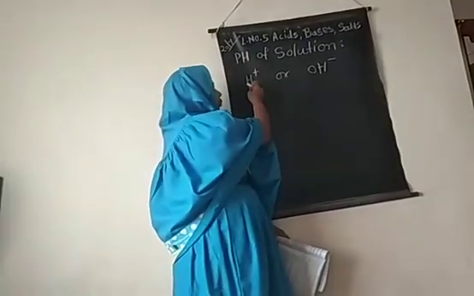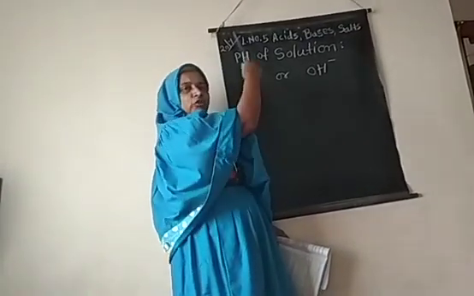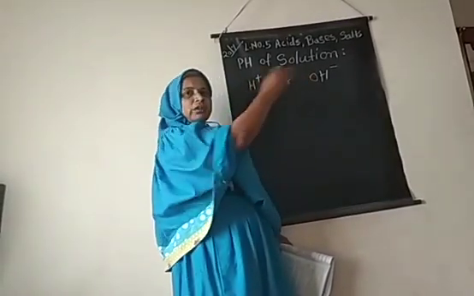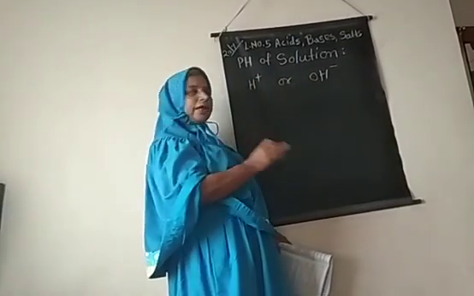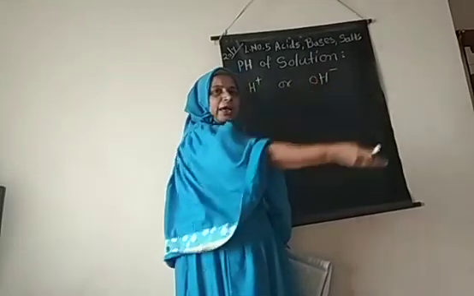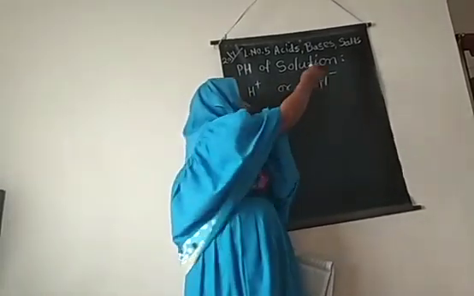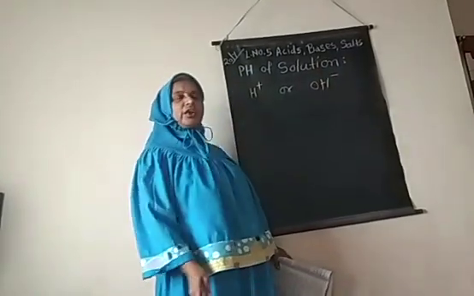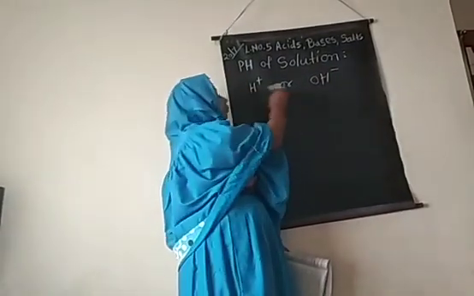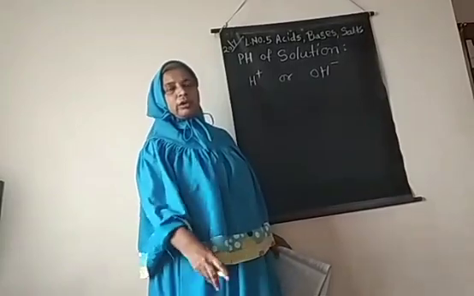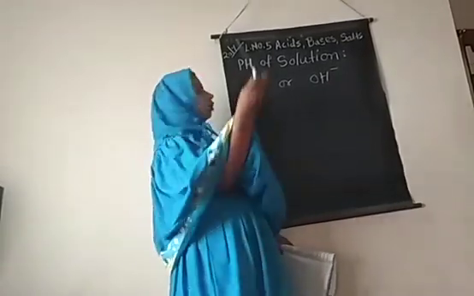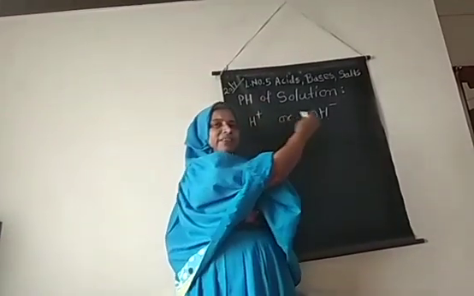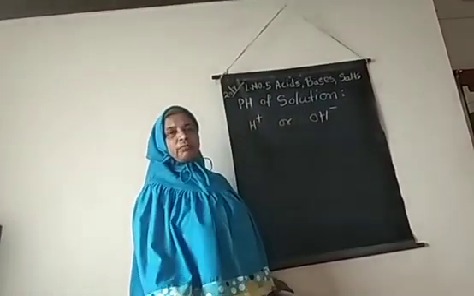As many H plus ions are dissociated by the water, the soil shows acidic nature, and as many OH minus ions are dissociated by water, the soil shows basic nature. Sometimes it is balanced, so it is neutral. So acidity or basicity depends upon the dissociation of H plus or OH minus ions.